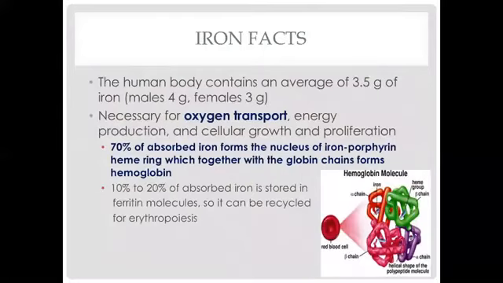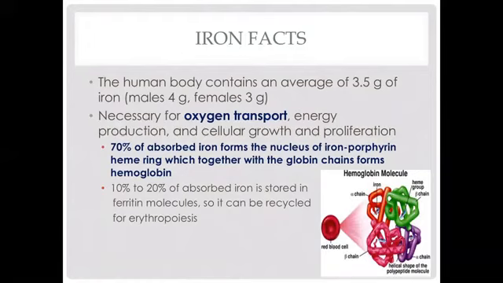Iron facts. The human body contains an average of 3.5 grams of iron, particularly for males 4 grams and females 3 grams. Iron is important for efficient oxygen transport, energy production, cellular growth, and also proliferation.